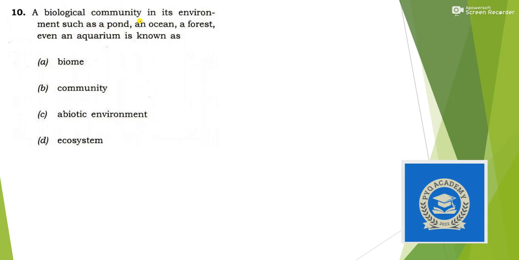A biological community in its environment, such as a pond, an ocean, a forest, or even an aquarium, is known as. So this is a question of environment, but I took this in the science portion. The statement given is a definition of ecosystem.